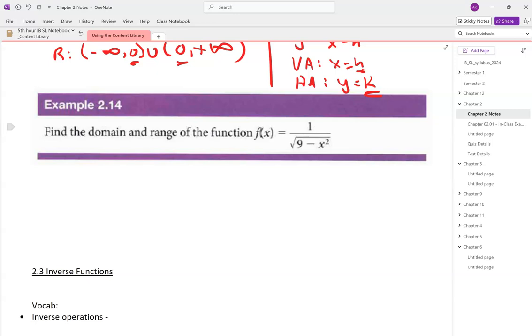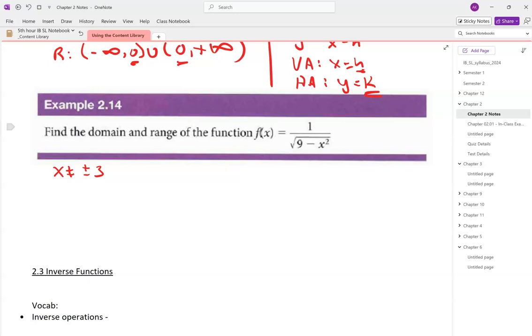There's two problems for the domain, right? The square root and the denominator, right? So I know the denominator can't equal 0, so what value can x not have? Everybody's okay with why it can't equal 3 or -3. That'll give me 9 minus 9, which is a 0 denominator, no bueno.